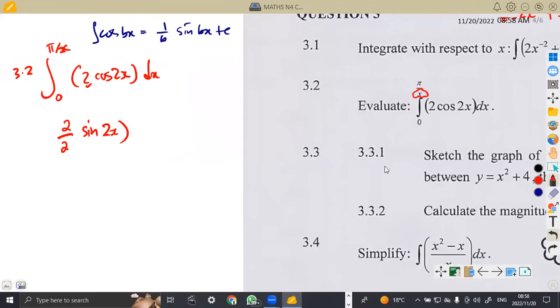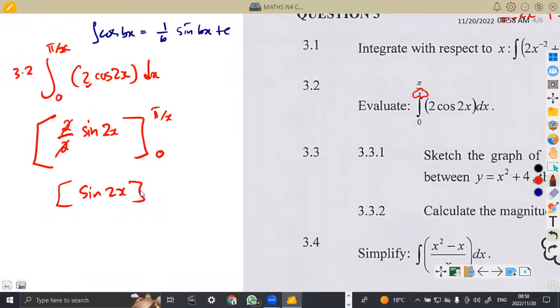Then we've got our limits, which in this case are the ones which are wrong: pi over x and 0. The 2 and 2 cancel, so it's going to be sine 2x with the limits pi over x and 0.